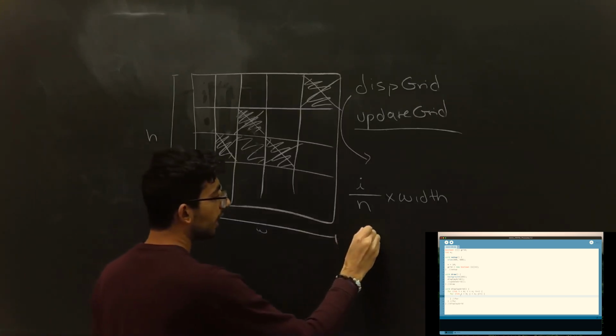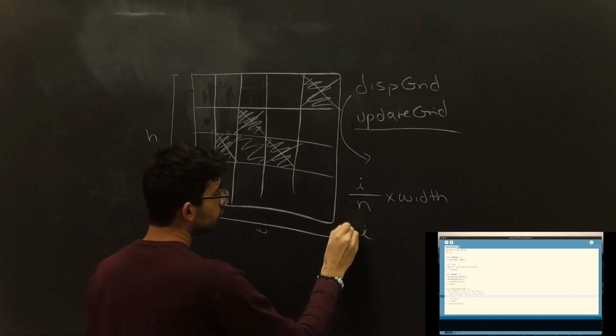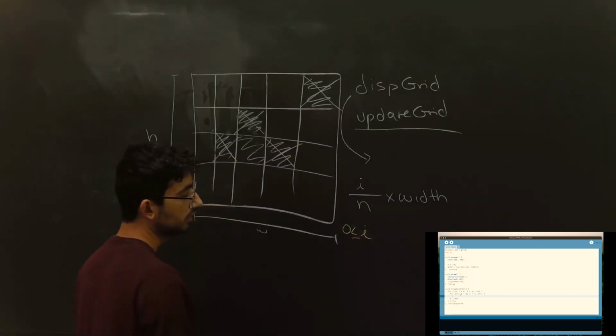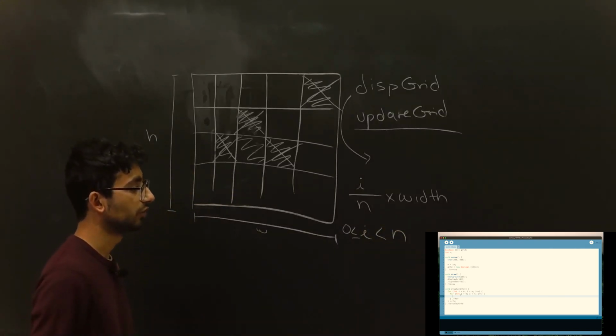And we know that I is going to be a value that goes between 0 inclusive to n exclusive, because that's how we've written our for loop.